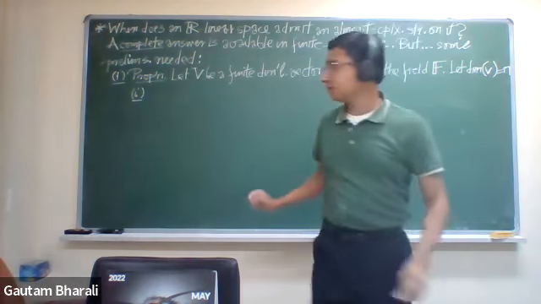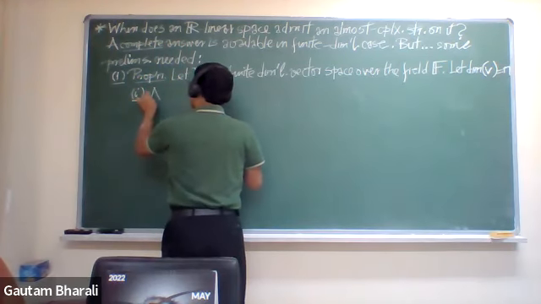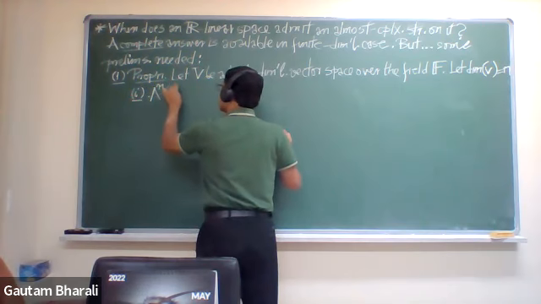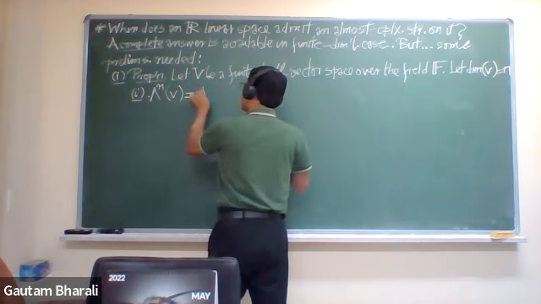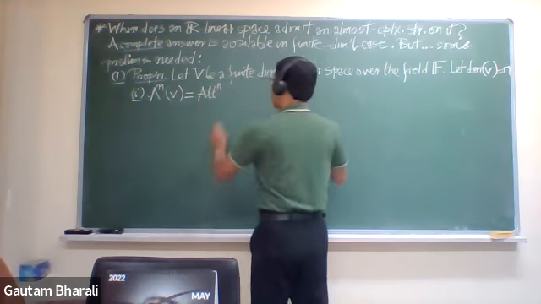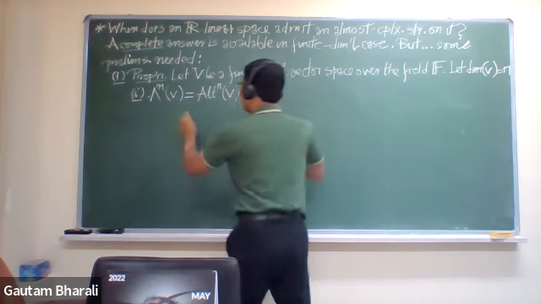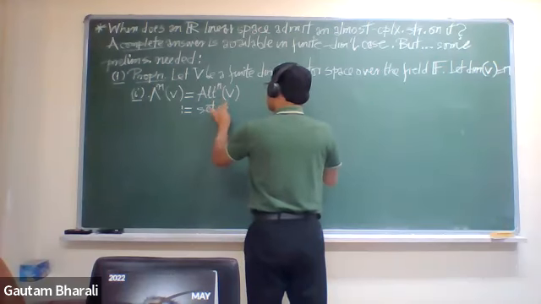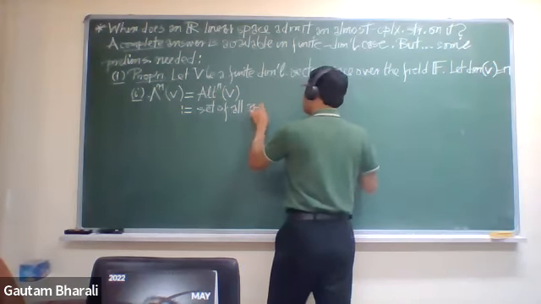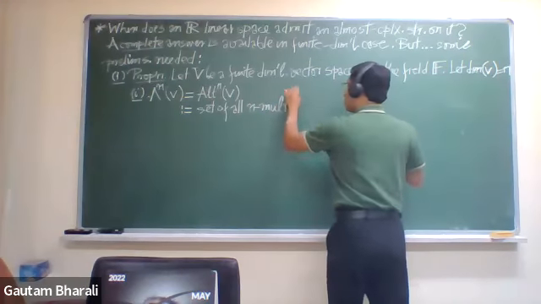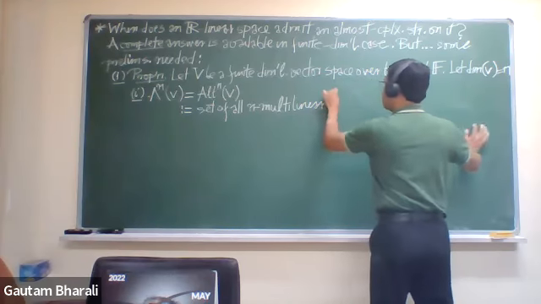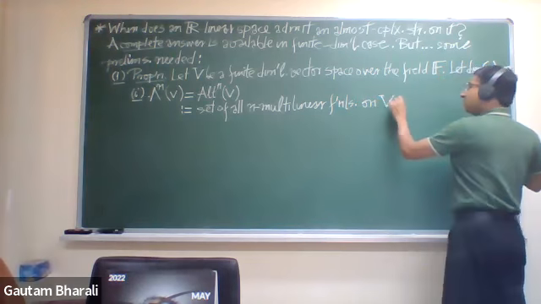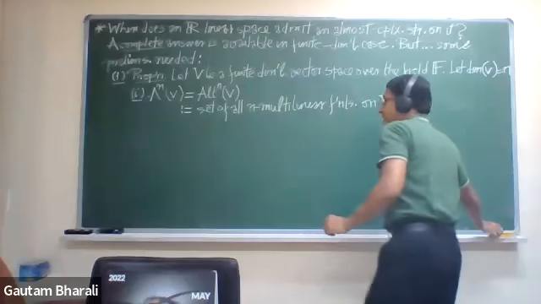So I'm going to introduce a gadget. This is sometimes in the book called lambda power n of V. And elsewhere, it is also written as alt n of V. And this is my notation for the set of all n multilinear functionals on V. Oh, there is a key thing that I've forgotten.